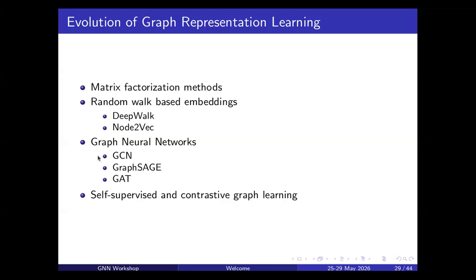Current state of the art models use graph neural networks. The limitation of the random walk approach with a feed forward neural network to capture the embedding is that these embeddings will be kind of sparse. So we need a more dynamic, dense embedding.